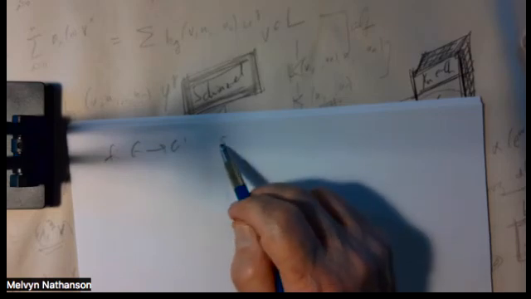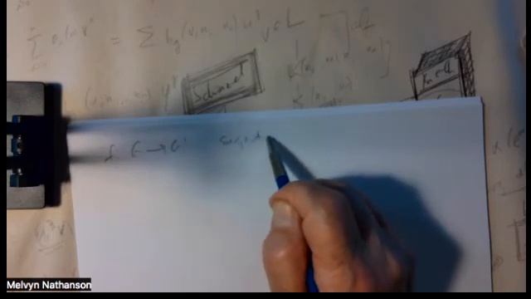Now, let me just redraw this picture. So suppose I have F from G to G prime, a group homomorphism, and let's say it's surjective, or onto. So I have the following picture again. I have G goes to G prime.